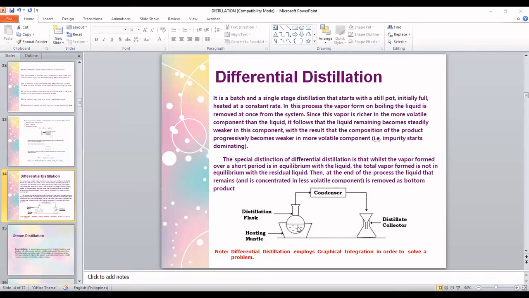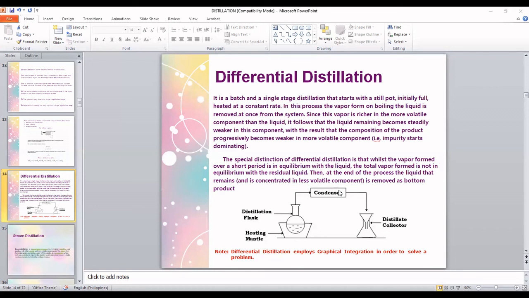So then, there is a question: what do we mean by this? The vapor formed over a short period is in equilibrium with the liquid. With which liquid is it in equilibrium? If I ask you, if the vapor is not in equilibrium with the residual liquid, with what is the vapor that goes to the condenser to be turned into liquid in equilibrium?